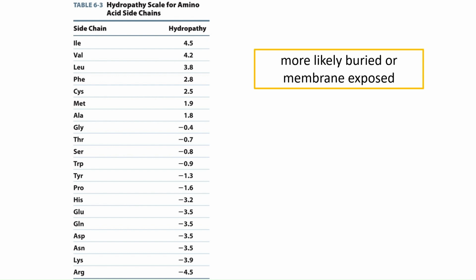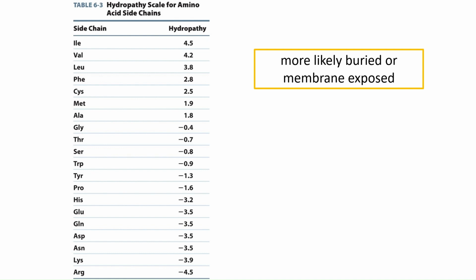And so you'll see that the more hydrophobic residues are much more likely to be buried in the core of a protein, or possibly within a bilayer membrane where they can hide from solvent. Because these hydrophobic side chains are not going to want to interact with aqueous solvent.